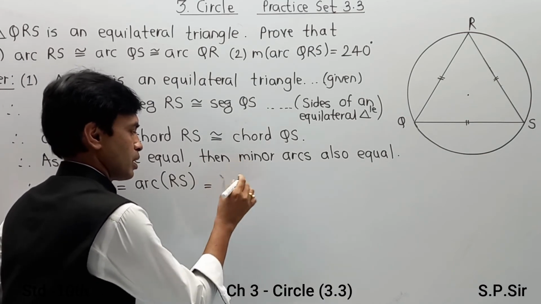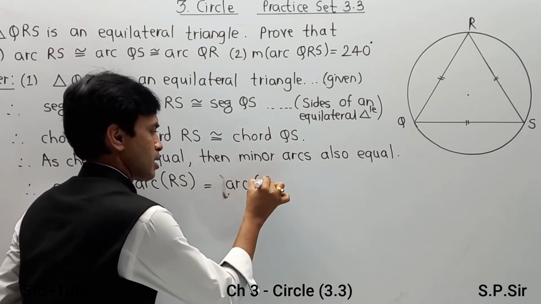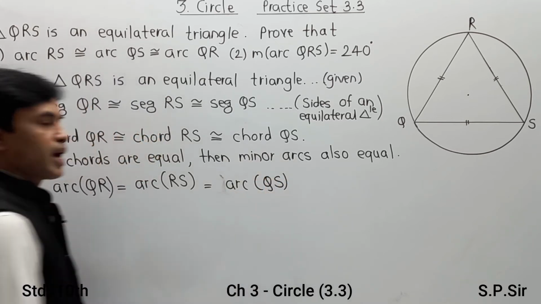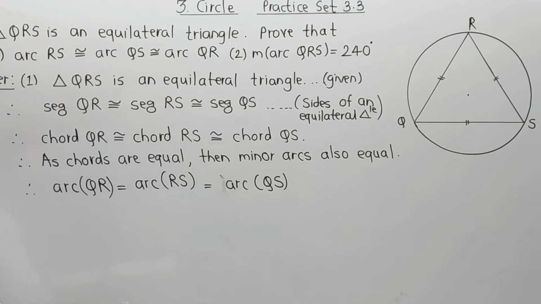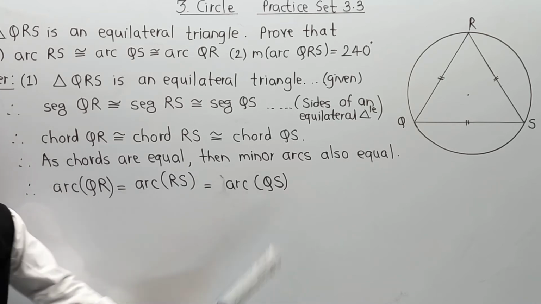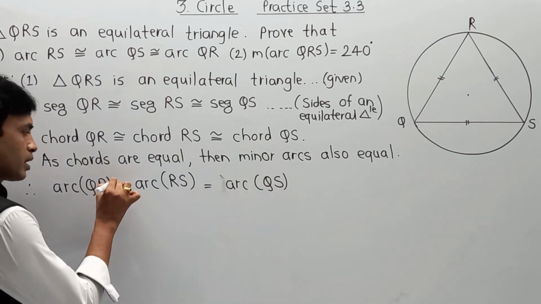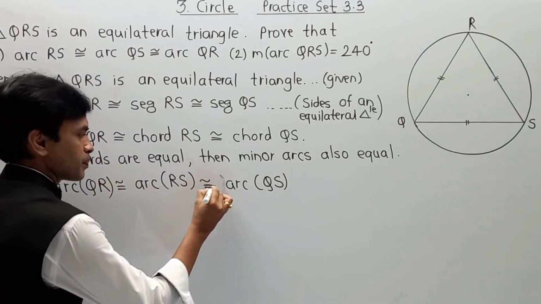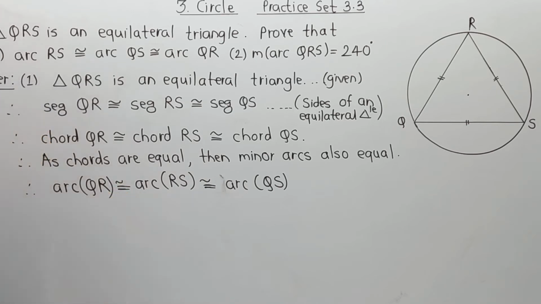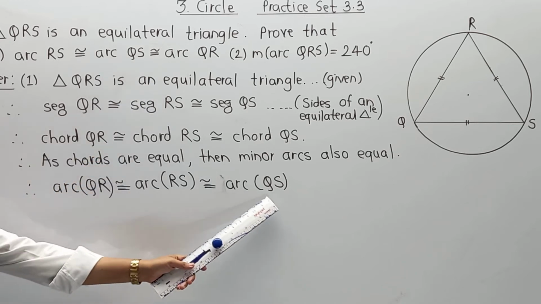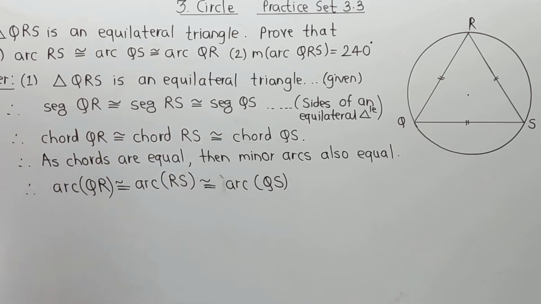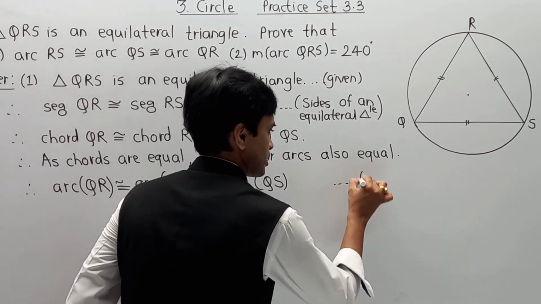Now as all three are equal, we have to assume it for a calculation because we have to calculate the first part. Here we are able to get arc QR is equal to arc RS is equal to arc QS, or you can also say congruent. And in this way, we are able to complete the first part, that is arc RS is equal to arc QS is equal to arc QR. This is your first answer, so I am going to give it as equation number 1.